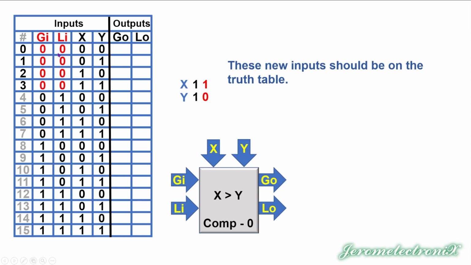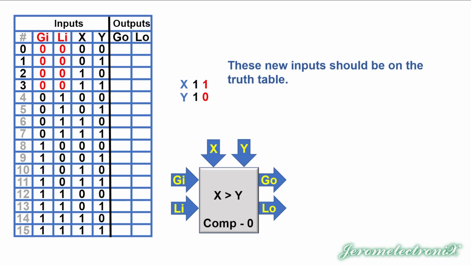So now, from the previous comparator, nothing was found. That means GI and LI don't know, and they send 0, 0 if they don't know from the previous comparison. Or if there isn't a previous comparator, we still have these inputs, and we can just hard code them, set them to zeros, and that way we can use this as the first comparator.